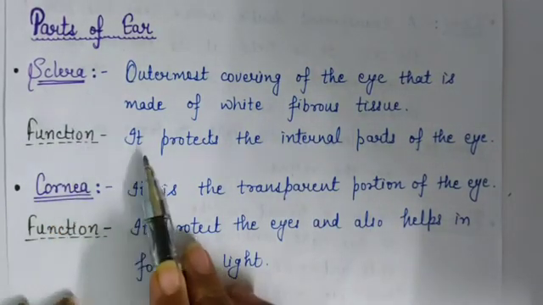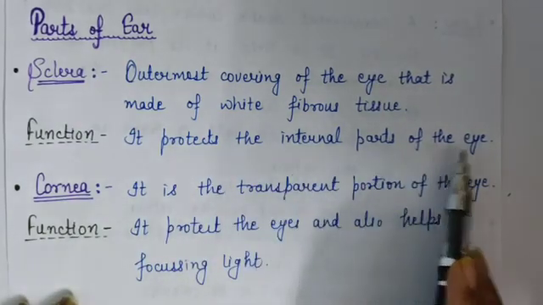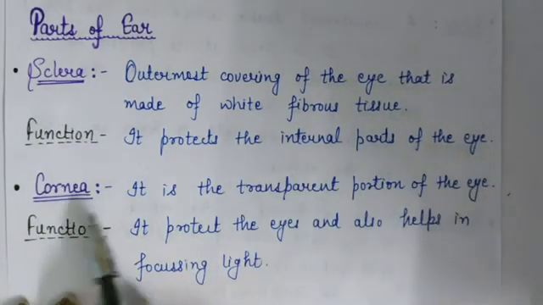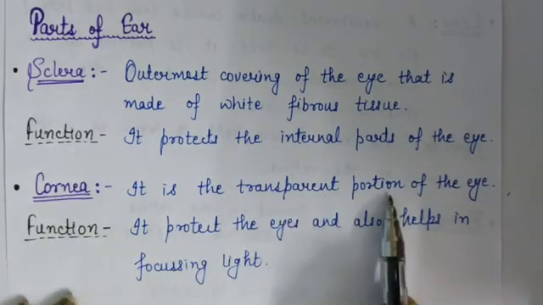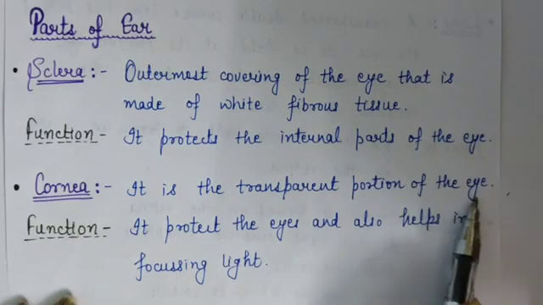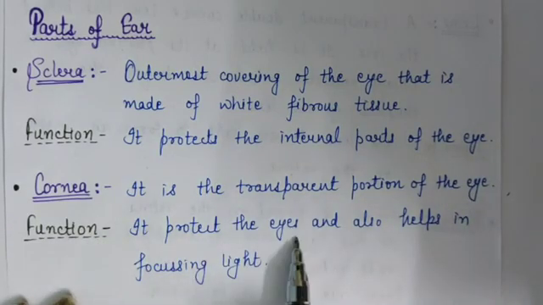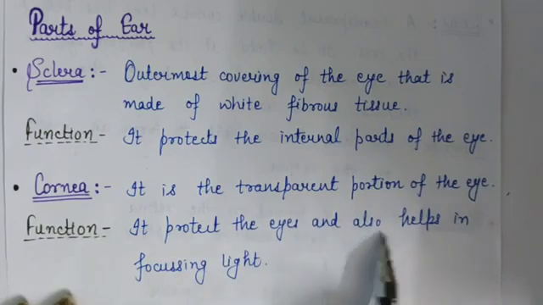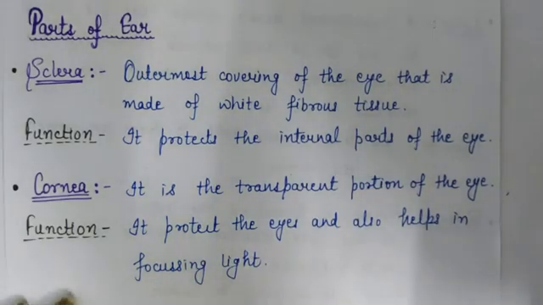Its function is that it protects the internal parts of the eye. Second is cornea. It is the transparent portion of the eye. And the function of cornea is it protects the eyes and also helps in focusing light.